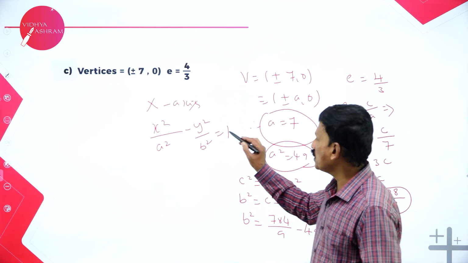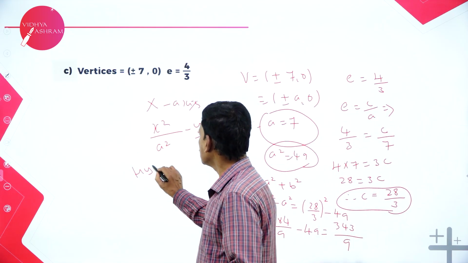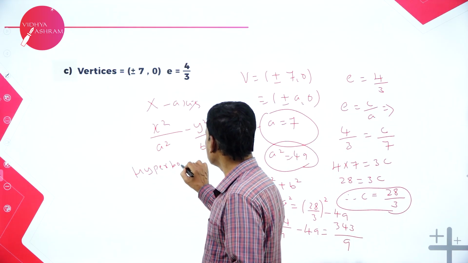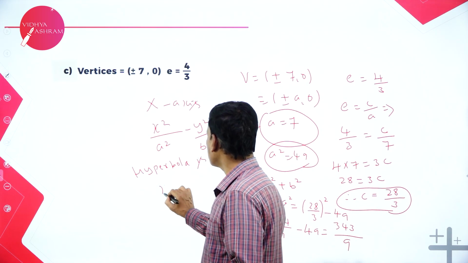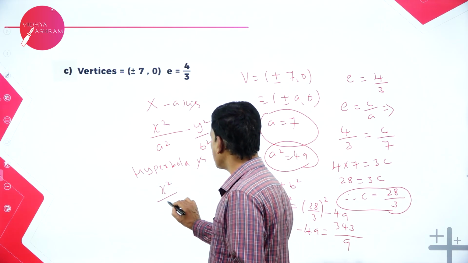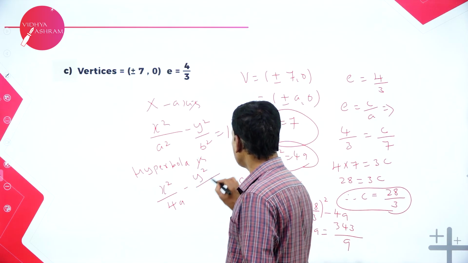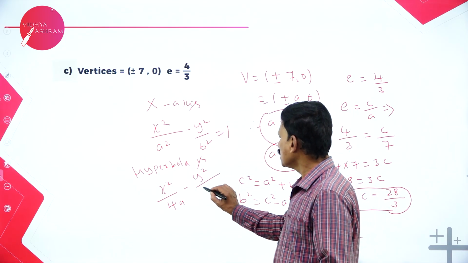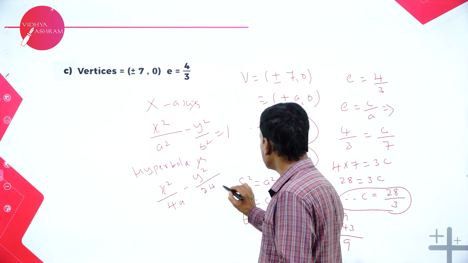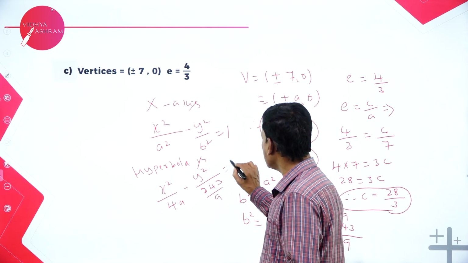Therefore, the equation of hyperbola is x square by a square, which is 49, minus y square divided by b square, b square is 343 divided by 9, is equal to 1.